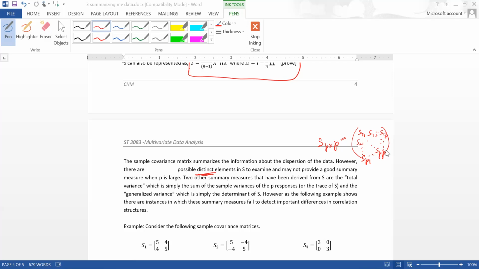So definitely the diagonal elements are distinct, right? There may be situations where some of them are equal, but usually diagonal elements, we have P of them. So definitely P plus. How many diagonal elements? P plus 1. Some of the answers I have to simplify actually.